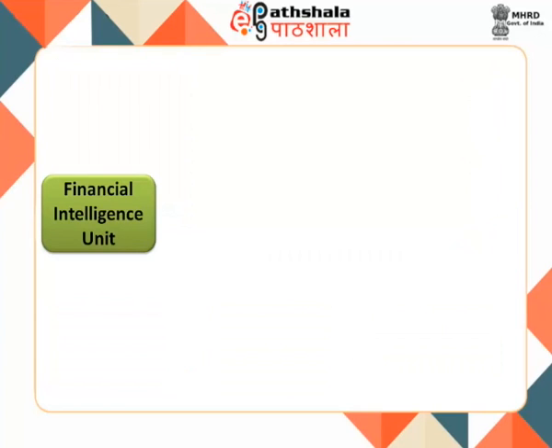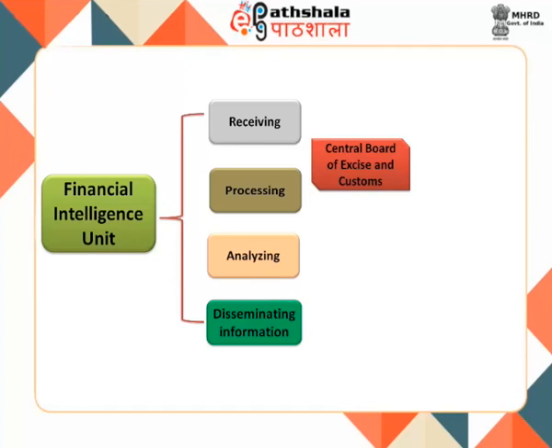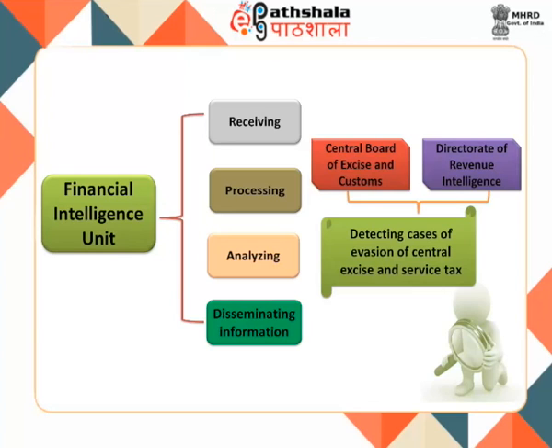The Financial Intelligence Unit has been operating as an investigative entity for receiving, processing, analyzing, and disseminating information relating to financial transactions. The Central Board of Excise and Customs and the Directorate of Revenue Intelligence, an apex intelligence organization, is responsible for detecting cases of evasion of central excise and service tax.